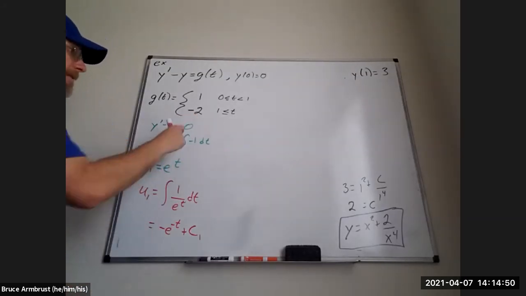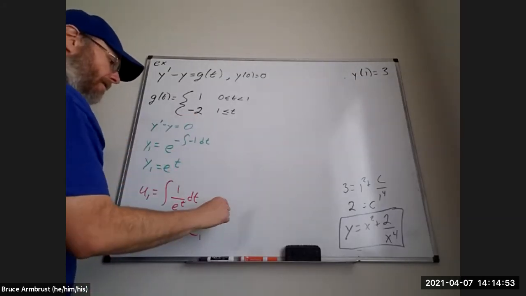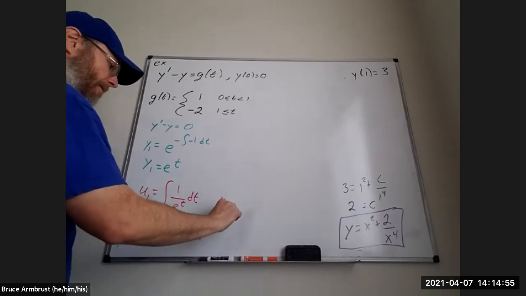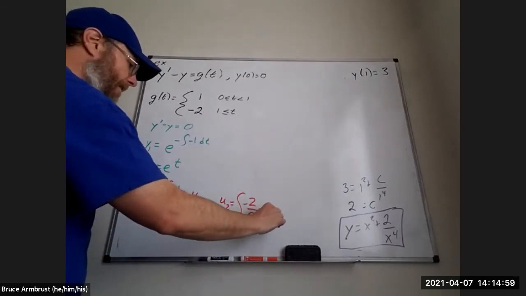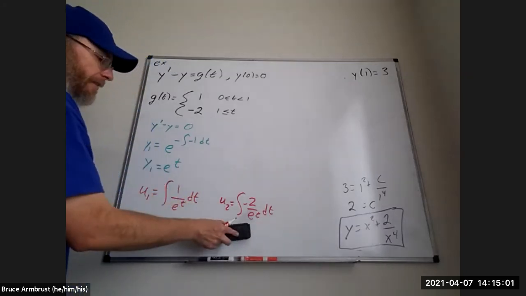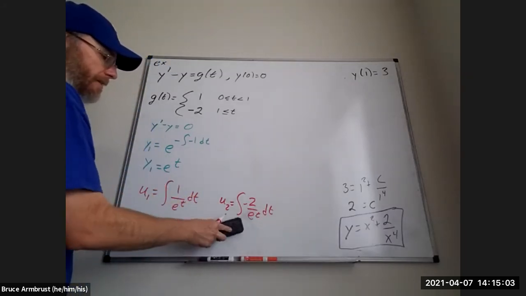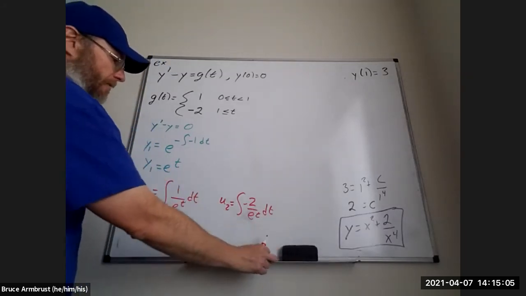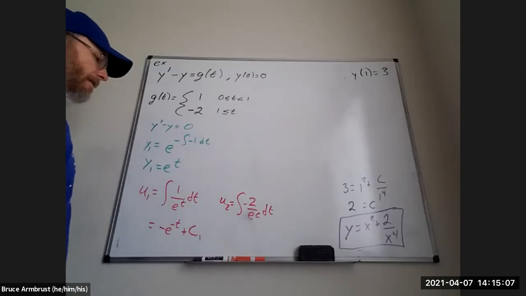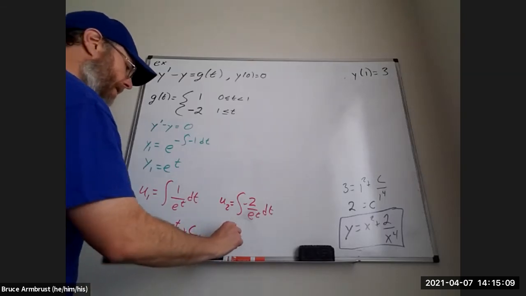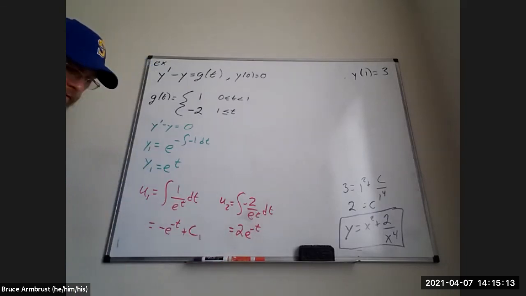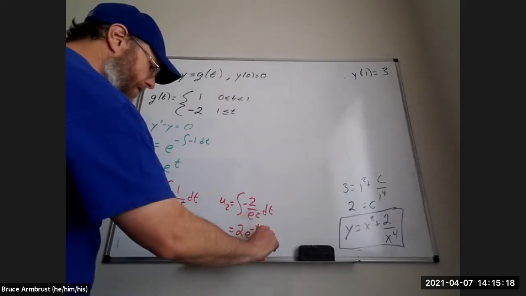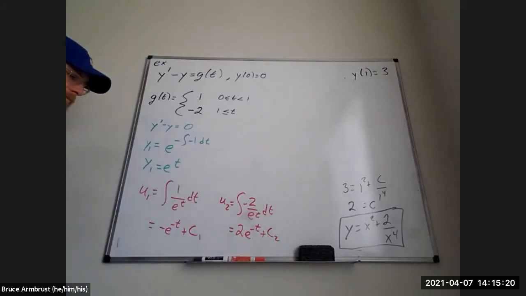I need to know what it's going to be for the second piece of this function. But it's virtually the same thing, right? It's just now, instead of having 1 over e to the t, we have -2 over e to the t, which is going to give me 2 e to the minus t plus c2.